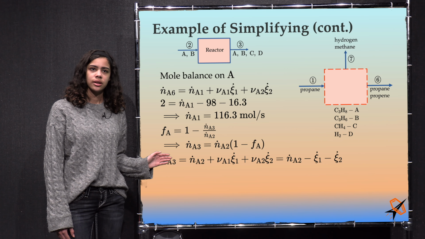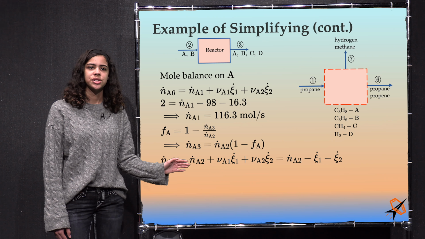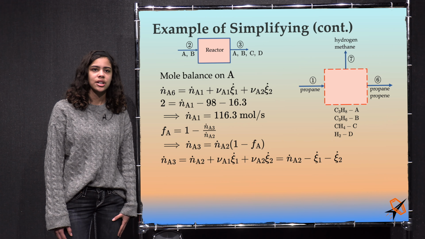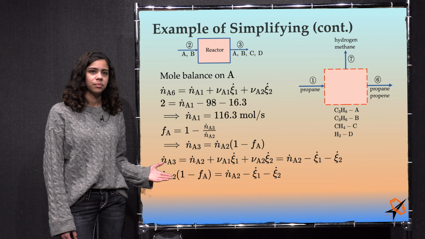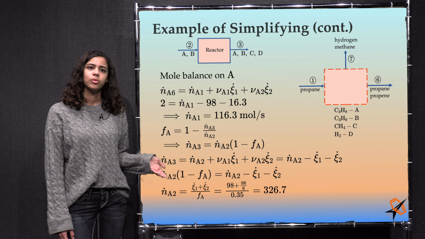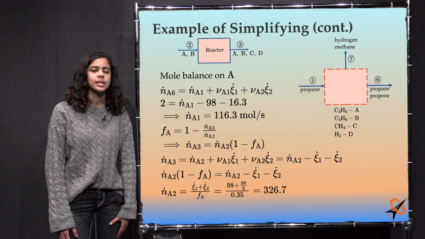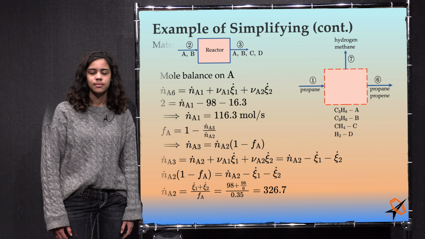Setting N.A3 from the fractional conversion equal to N.A3 from the extents of reaction, we get an equation with only one unknown, N.A2. Solving for N.A2, we find it's 326.7 moles per second.